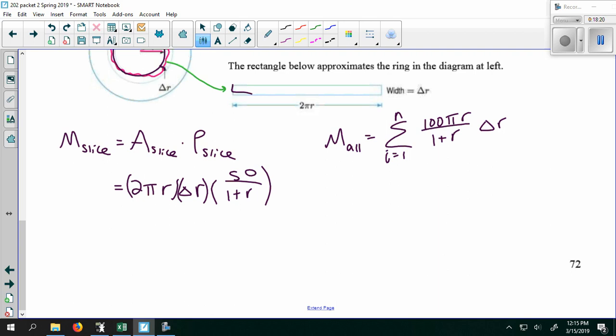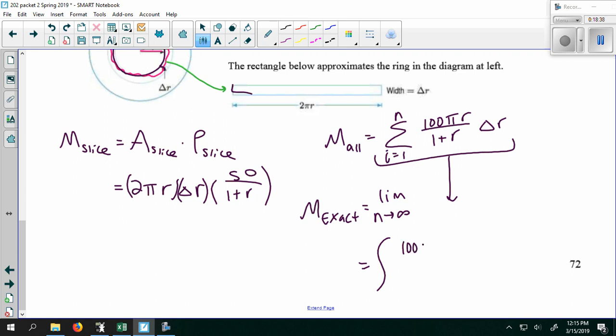And then take the limit as n goes to infinity to get the exact mass. So we take the limit as n goes to infinity of all that. And that is the definition of an integral. So I'm going to have 100 pi r over 1 plus r dr.